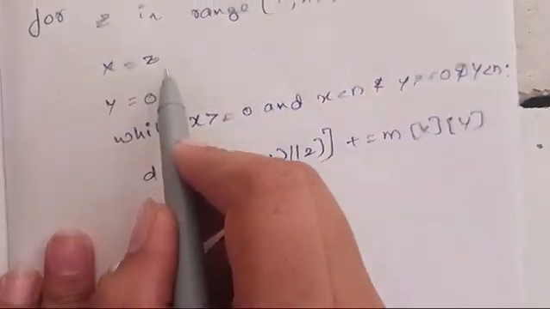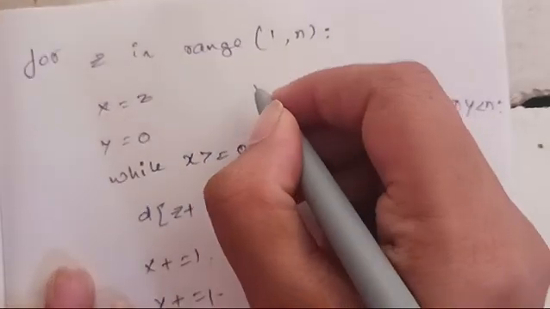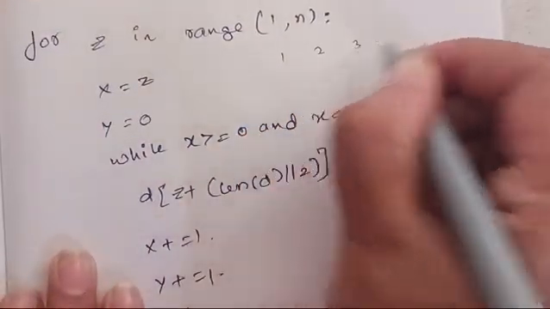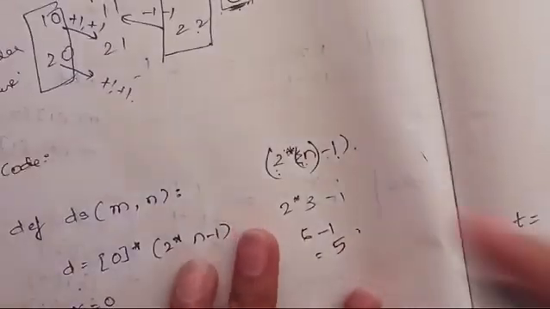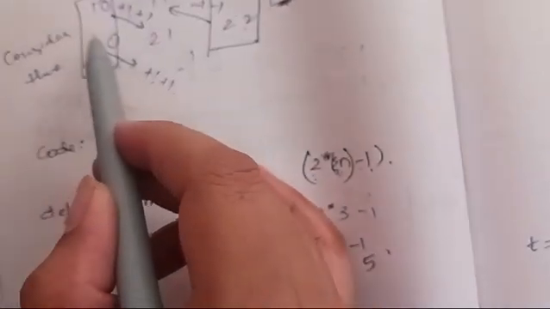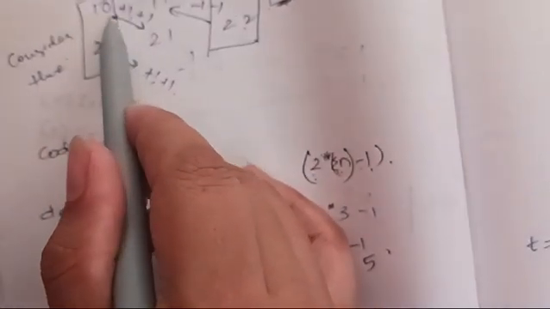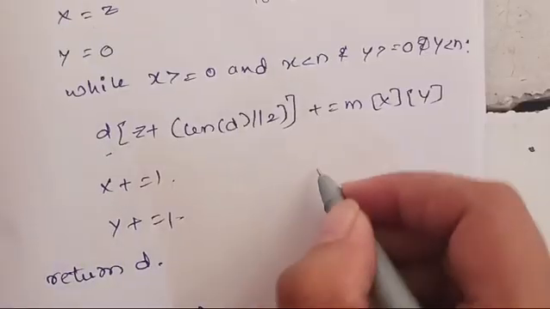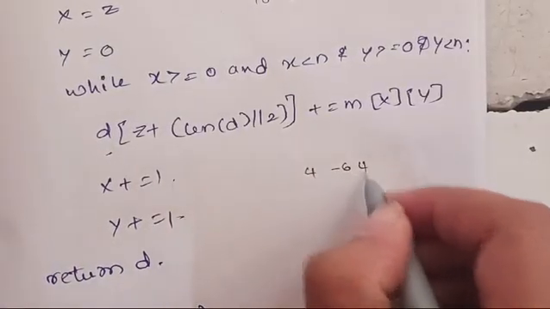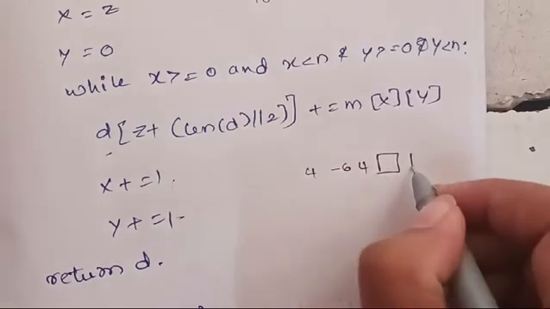X is equal to z. Here we are considering x as 1, 2, 3, 4, and so on, and y is 0, 0, 0, 0. That means we are considering the first column elements. We have already filled 4, minus 6 and 4. Now we have to fill from this part.